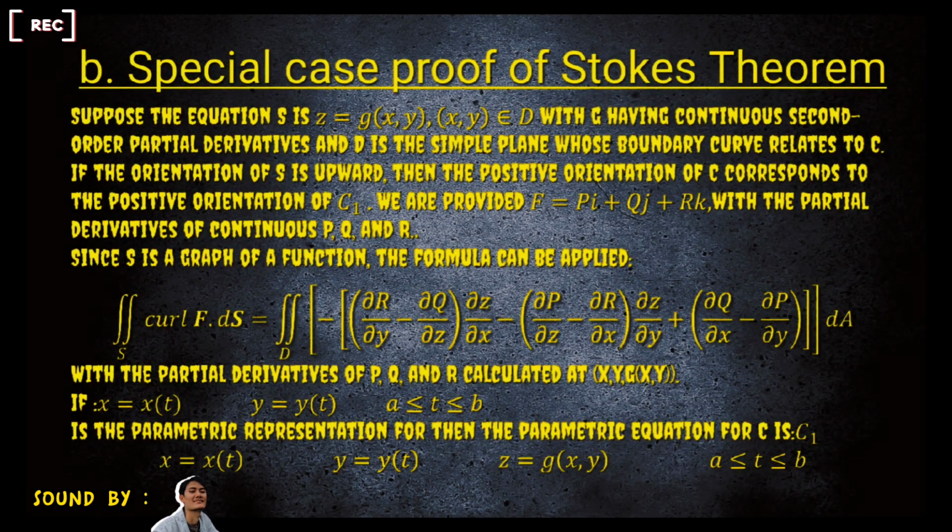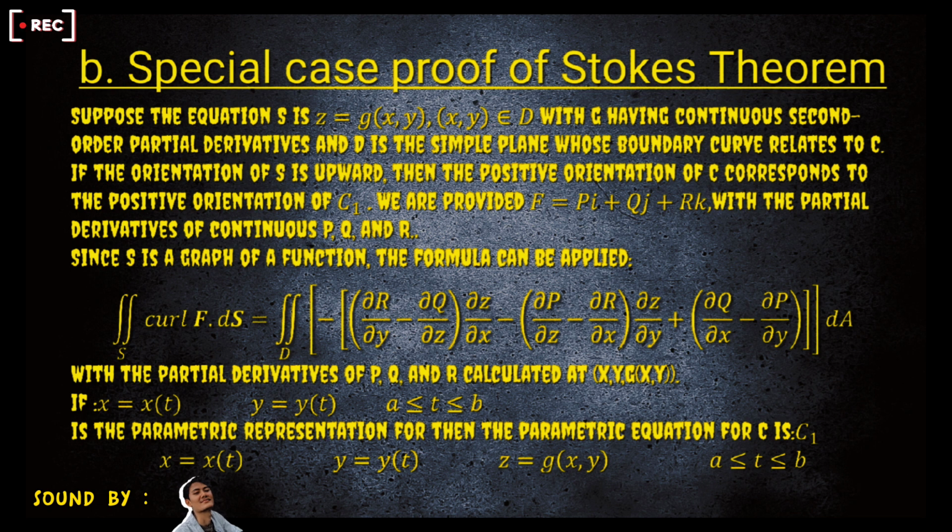Next, point B, special case proof of Stokes theorem. Suppose the equation of S is z equals g(x, y) where (x, y) is an element of D, with g having continuous second order partial derivatives, and D is a simple plane region whose boundary curve relates to C. If the orientation of S is upward, then the positive orientation of C corresponds to the positive orientation of C1.